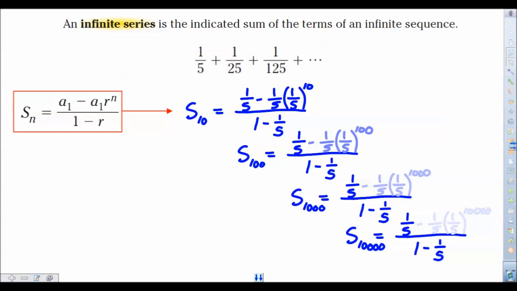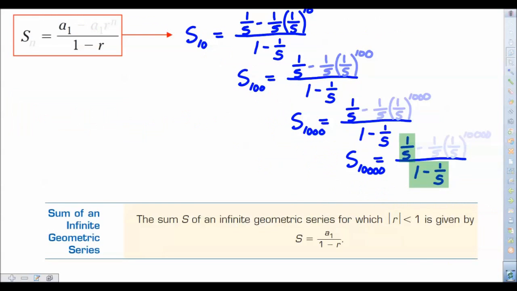So now it just seems like we're really just taking our 1/5 and dividing it by 1 minus 1/5, just like that. And so that's where our formula comes from. We can modify the finite sum formula to look something like that. And so there we go.